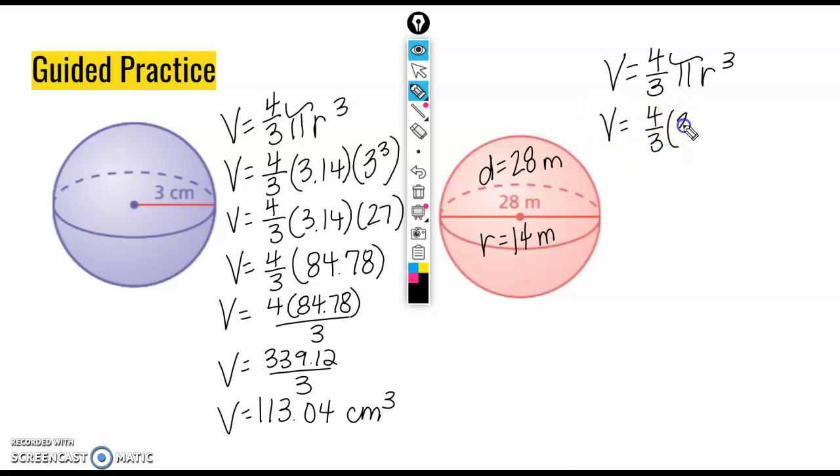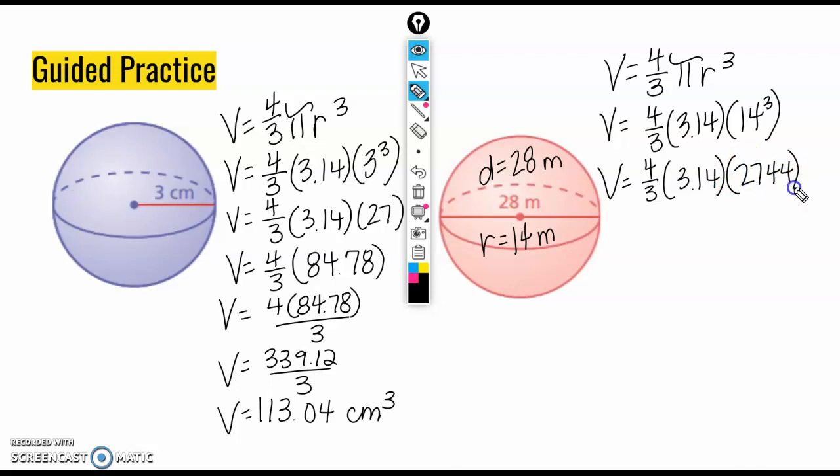So replace pi with 3.14. Replace the radius with 14 cubed. Remember, we cube our number. That's our next step. So we're going to do 14 times 14 times 14, which gives us 2,744.